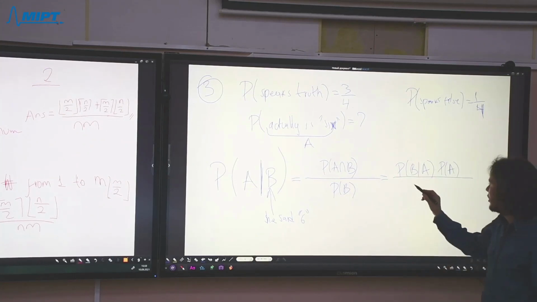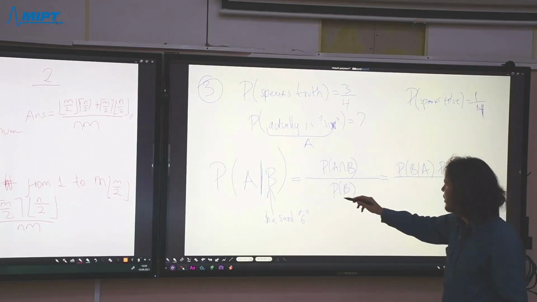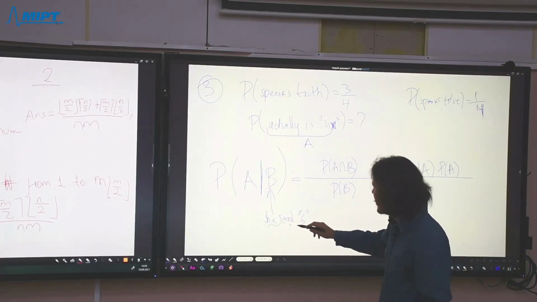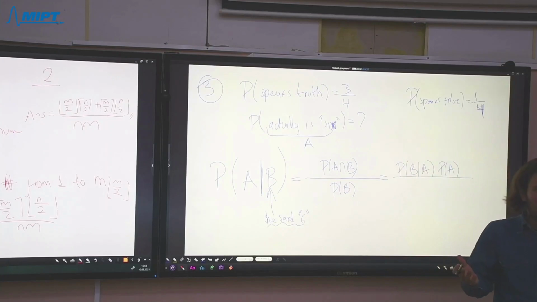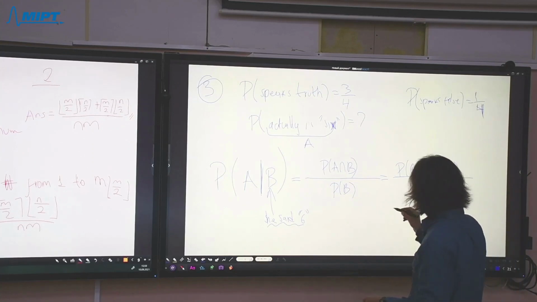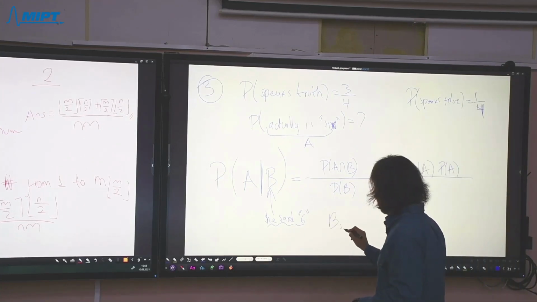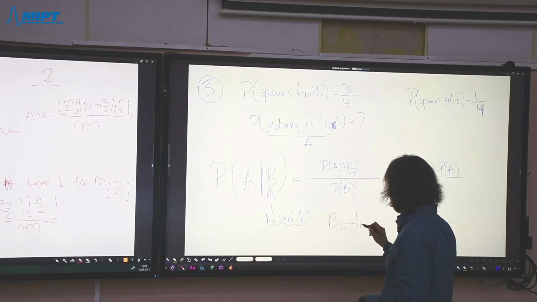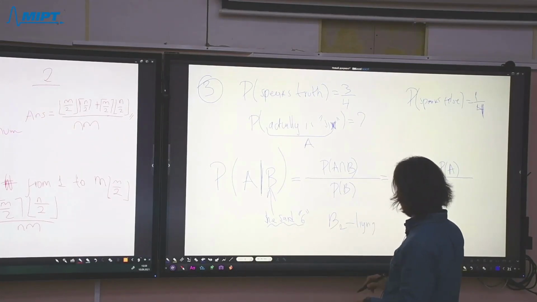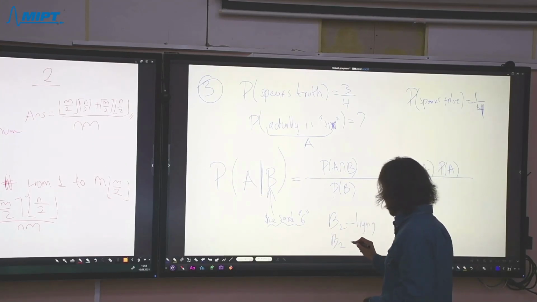And here, what is B? B is that he said 6. So how many cases do we have? That he's lying or he's saying the truth, right? So let's call B1 he's lying, and B2 he's saying the truth.